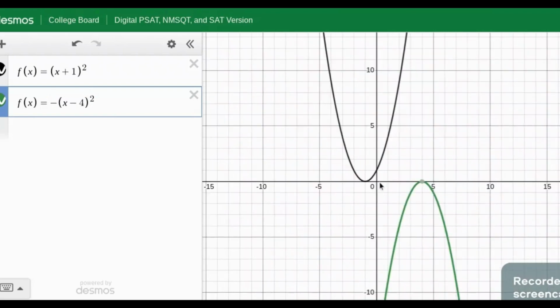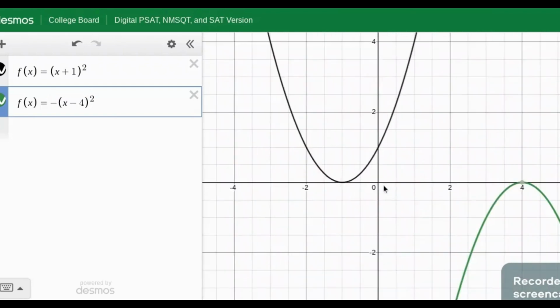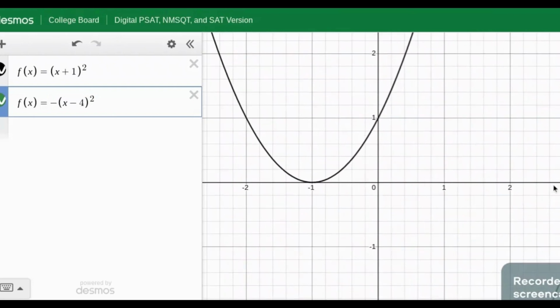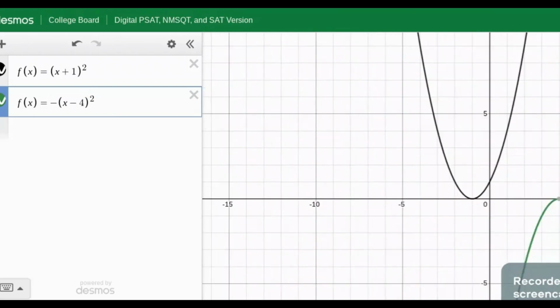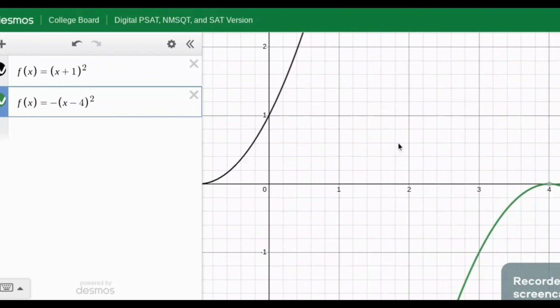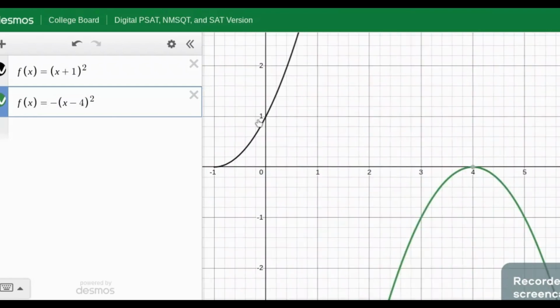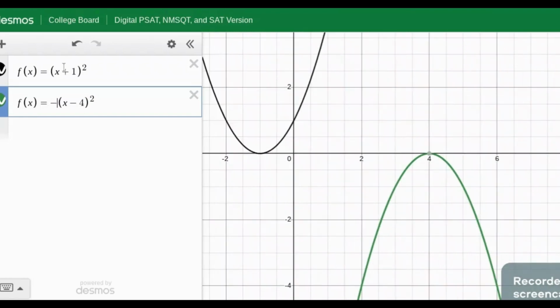Oh, I zoomed in at the wrong place. Okay, and there we go. Now you can see the ones a little bit. So that would be our -1. Don't have to write it, just write it like that. It'll be fine. And that is essentially how you transform this to this. You want it to flip.